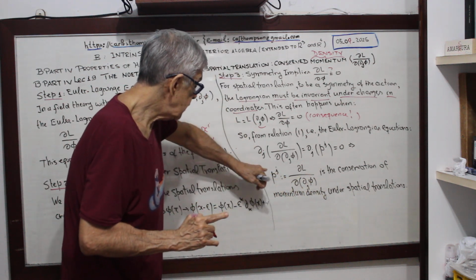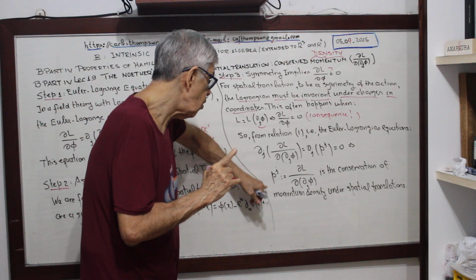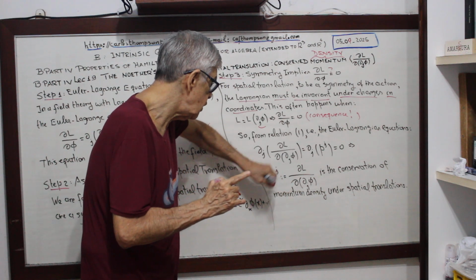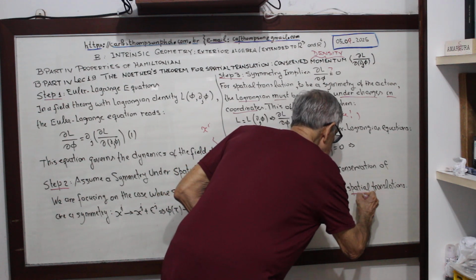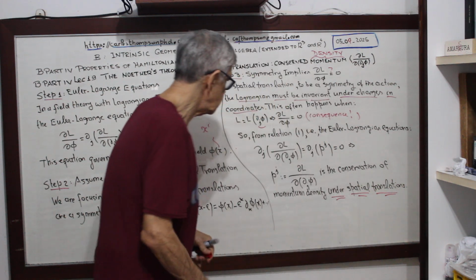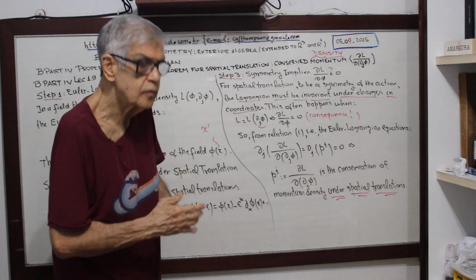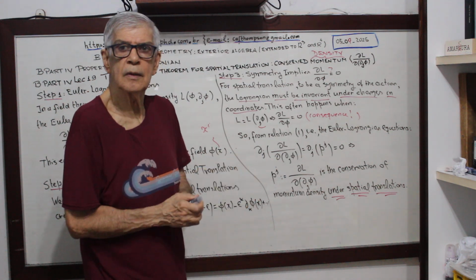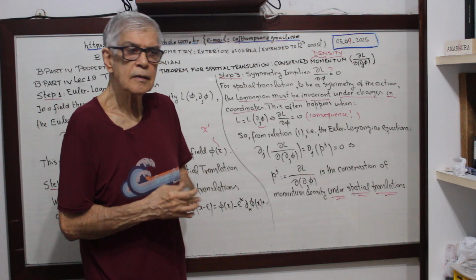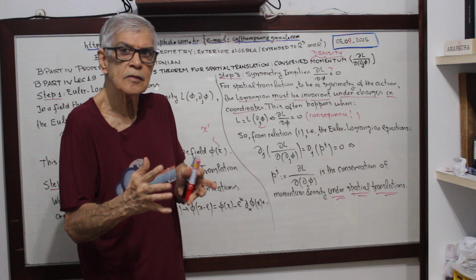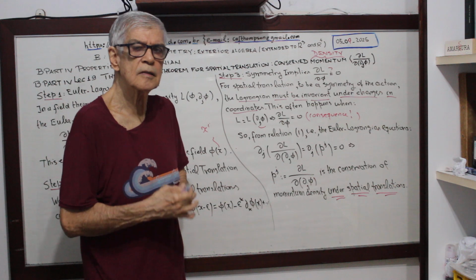Attention now, the conserved momentum density is the conservation of momentum, P_j, in this particular case, under spatial translation. So again, Noether theorem proves, from symmetry, in this case a spatial translation, that this leads to a conservation of momentum density.